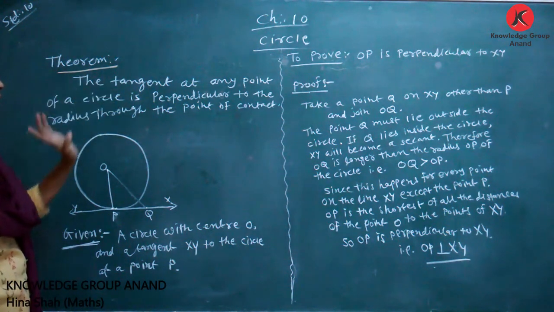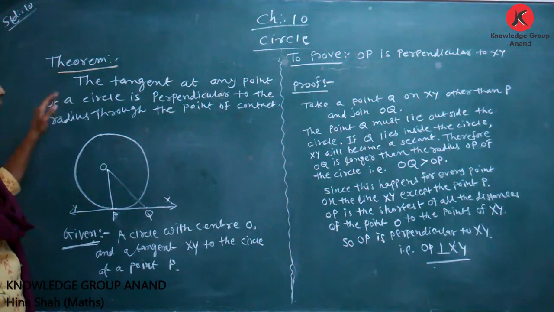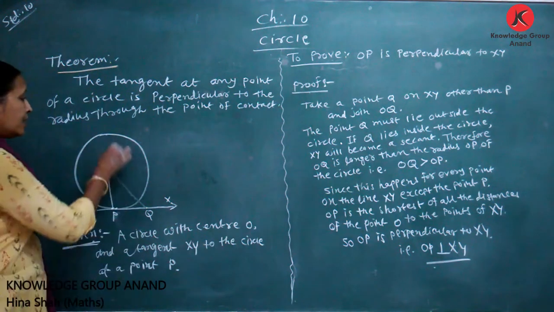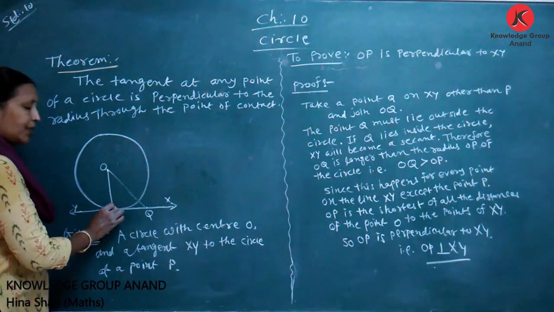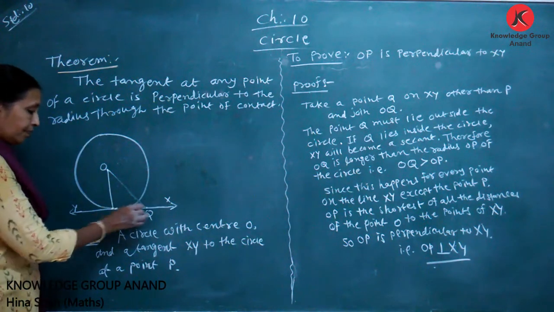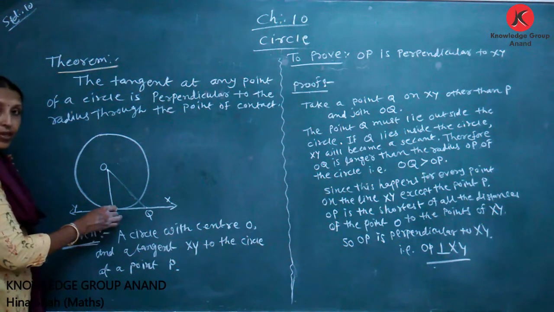The tangent at any point of a circle. Here is a circle and a tangent at a point. Here we draw point P at the point of contact.